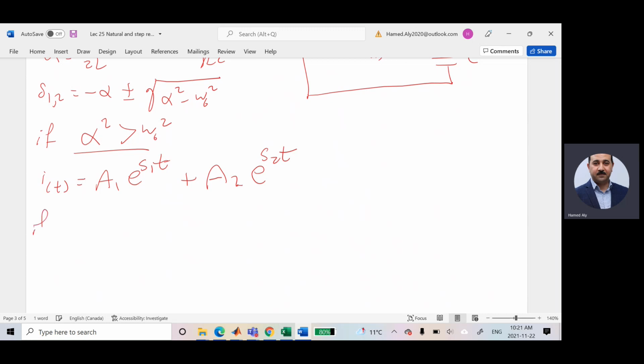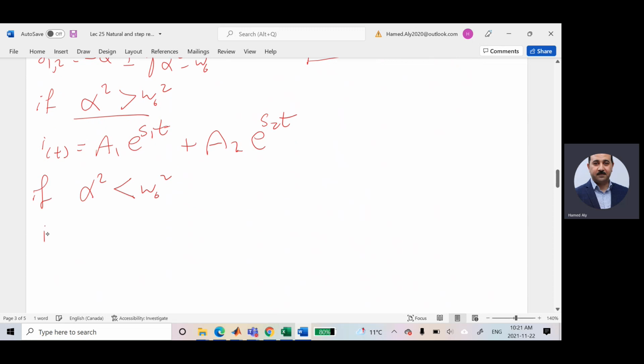And if alpha squared is less than omega naught squared, then my solution i of t will be equal to beta 1 times e to the power negative alpha t times cosine omega d t plus beta 2 times e to the power negative alpha t multiplied by sine omega d t.